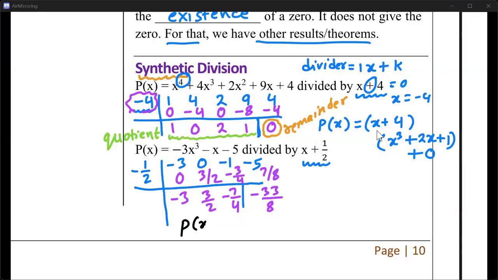That polynomial p of x is equal to, let me write the quotient first. Okay. The polynomial is a cube, right?